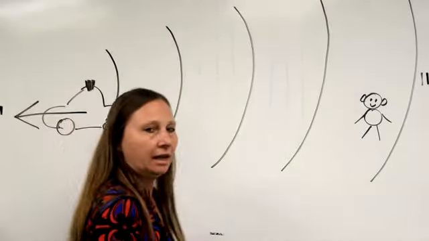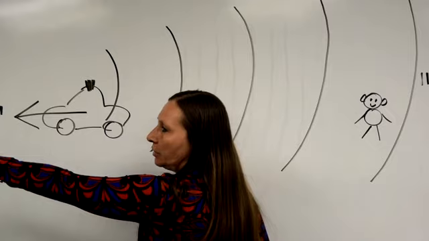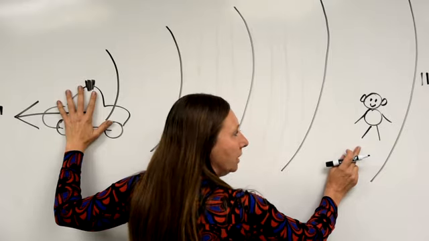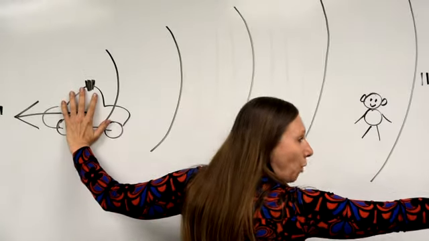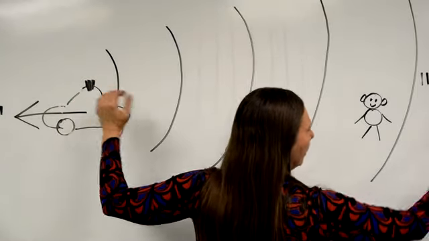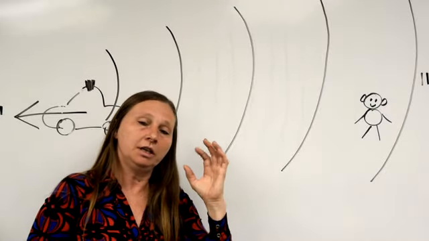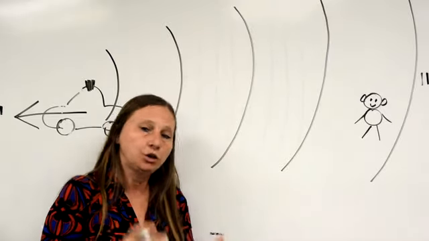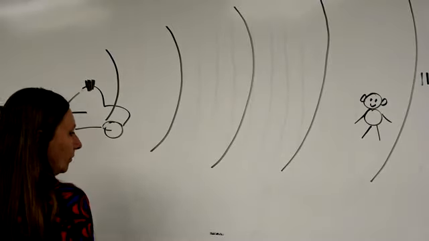Now, it doesn't matter if the police car is going that way, or the police car is standing still and this person is, let's say, in a car with the windows rolled down and driving away from the police car. As long as the distance between them is getting greater, the wave is going to get spread out, and the frequency that the person hears, the apparent frequency, is going to be lower.